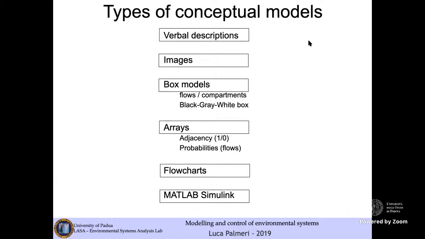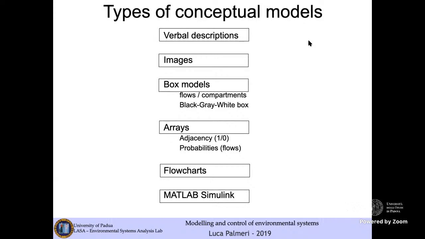So you may remember that we introduced the idea of black box and white box model, or black, gray, and white box models. We call white box model those models for which we can explicitly introduce mathematical relationships describing the processes linking state variables.